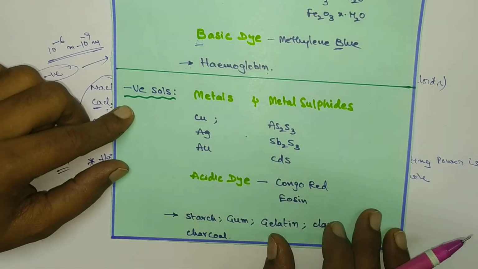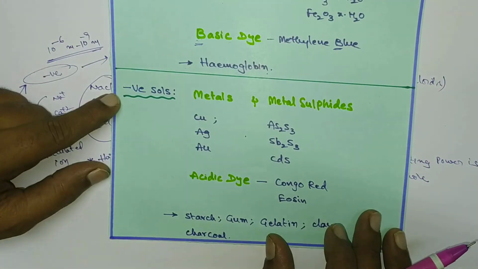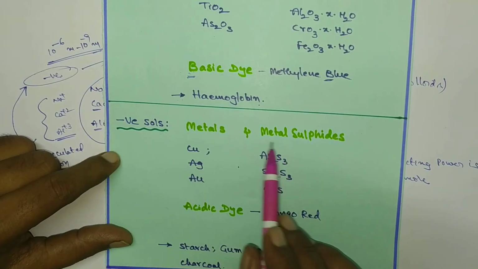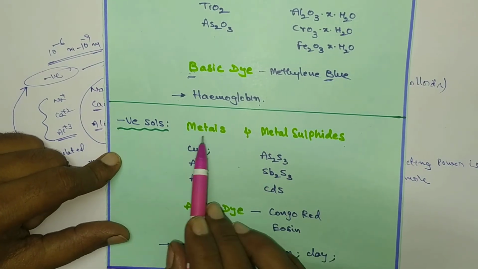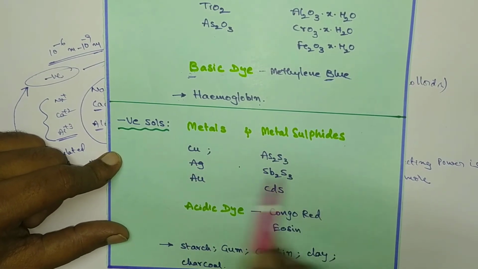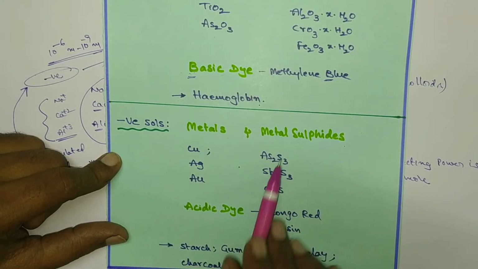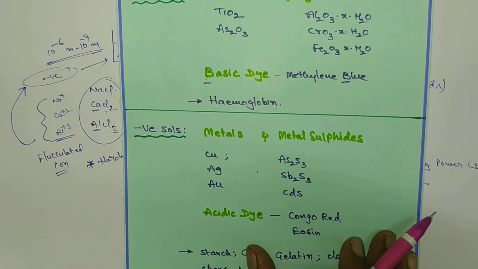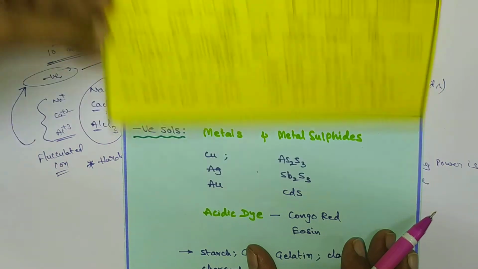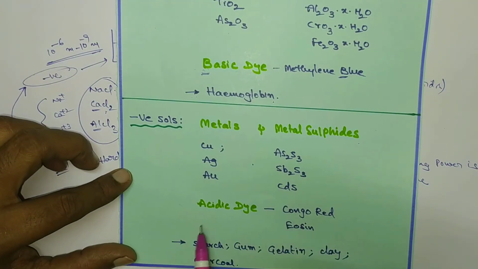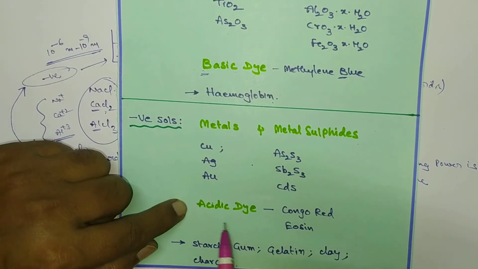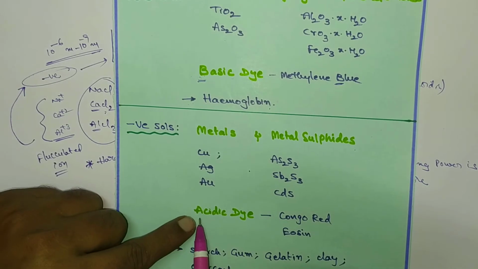And next one. Here we had metal oxides and hydrated metal oxides, but here it is metals and metal sulfides. So negative sols means metals and metal sulfides, for example arsenic sulfide, that is a negative sol, and cadmium sulfide. Opposite to the basic dye, here it is acidic dye.